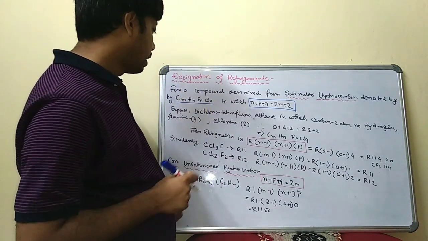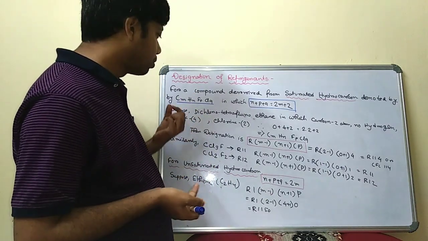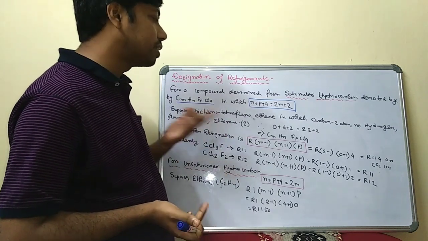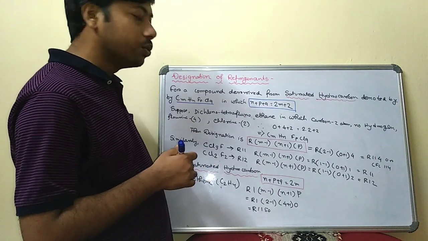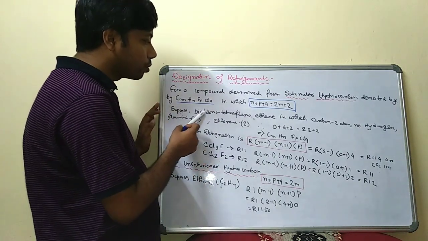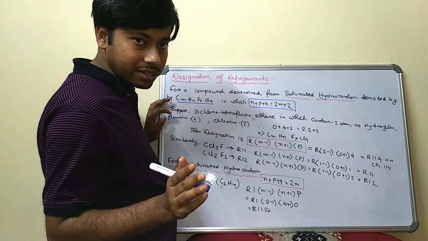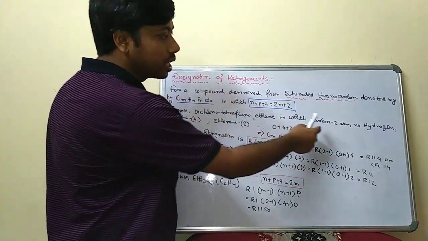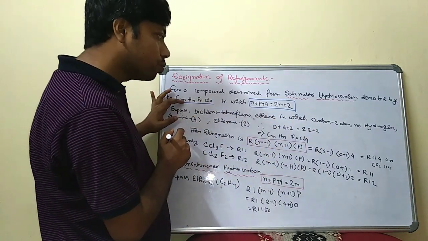Now suppose the refrigerant is dichlorotetrafluoroethane. As the name suggests, dichloro and tetrafluoro substitute the hydrogen in ethane. Ethane has 2 carbon atoms, so m is 2.